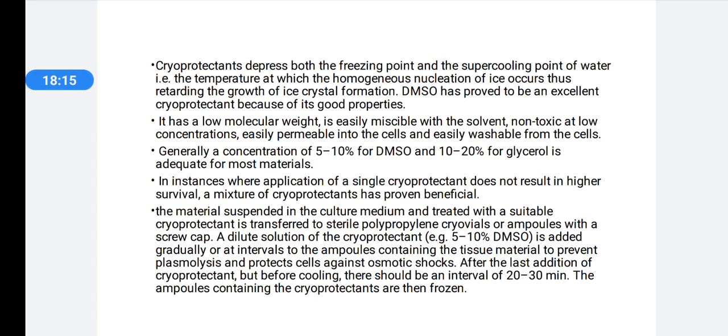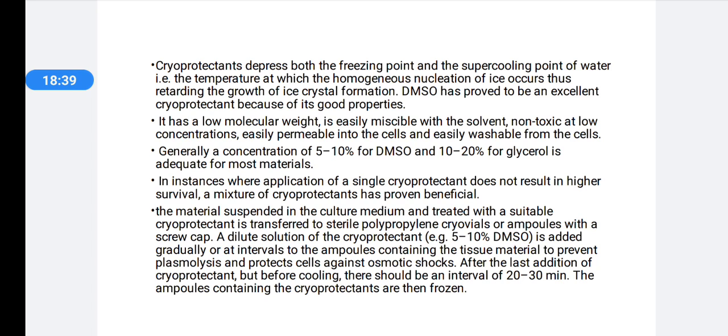DMSO is the most frequently used and an excellent cryoprotectant because of its good properties. DMSO has a very low molecular weight, it is easily miscible with solvent, it is non-toxic at low concentration, it can easily go into cells, and it is also easily washable from the cells.